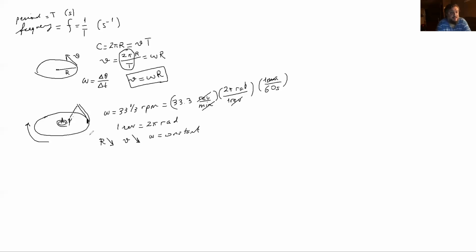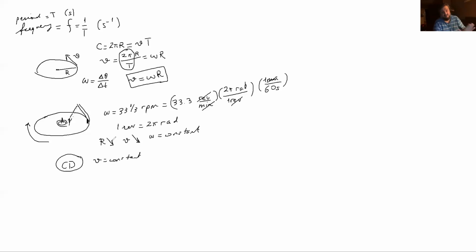This is opposed to CDs. CDs are different. In the case of a CD, we have a laser reader and some digital recording, ones and zeros. So V is a constant. When R changes, omega changes for a CD.